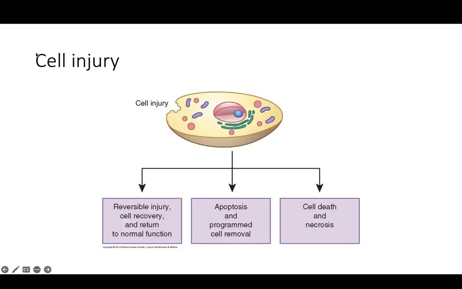So we'll talk a little bit about how cells get injured. There's three basic outcomes. When a cell gets injured some way, it can either be a reversible injury, and then the cell will recover and return to normal function. It could undergo apoptosis, which is something called programmed cell death, or the cell gets killed off in a very neat and tidy fashion.